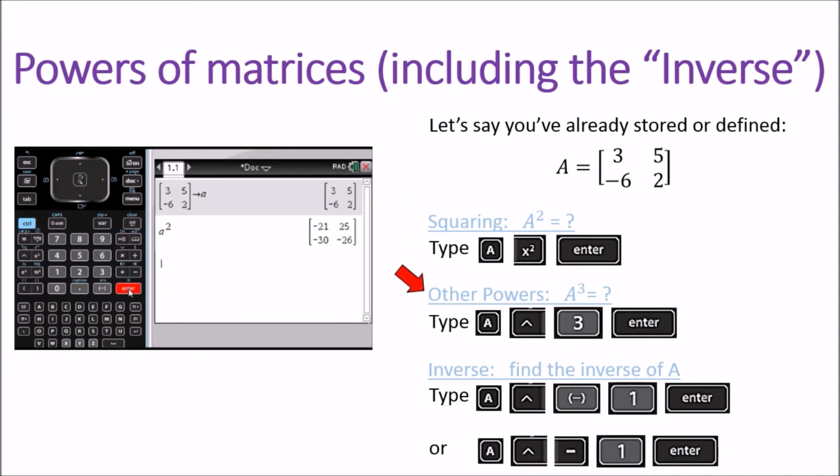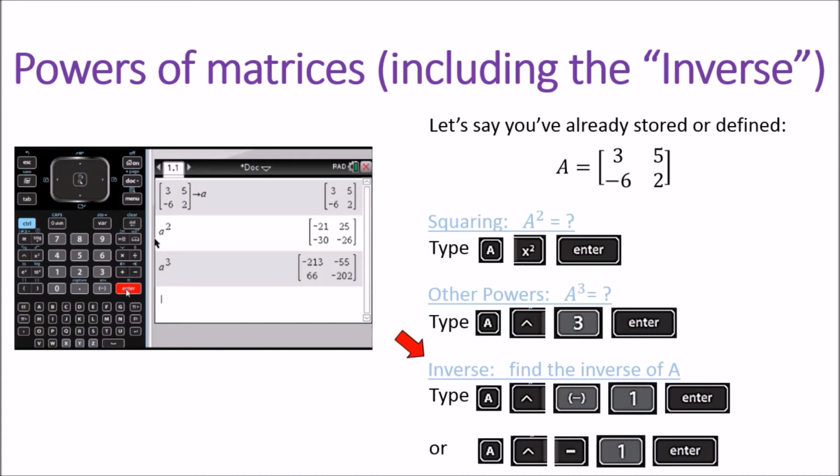If we wanted to do a different power, for example A cubed, we'd press A, but now because we don't have a cube button, we're going to need to press this symbol here, which takes us up into the power position. We press 3 because we're doing cubed, and hit enter, and there is our A cubed matrix.